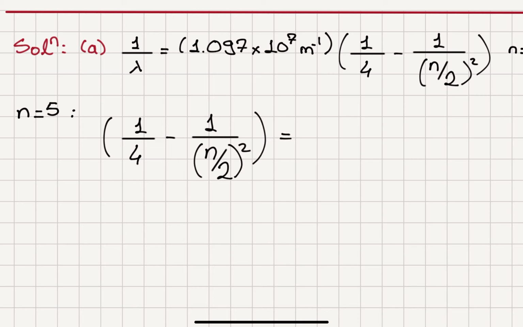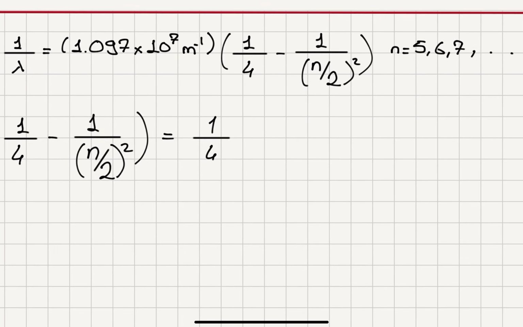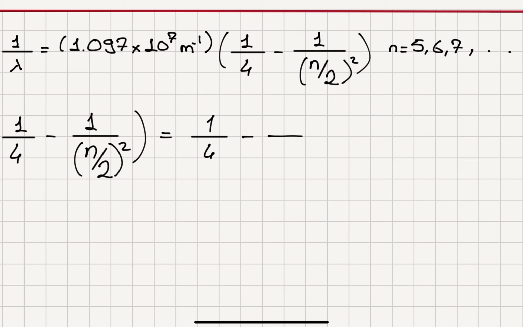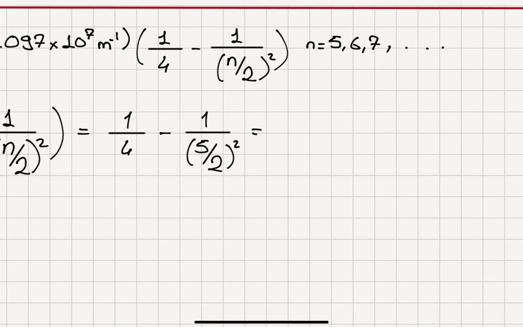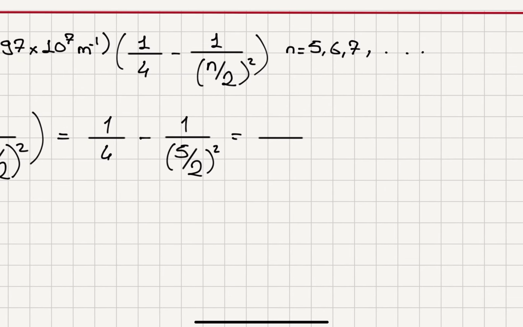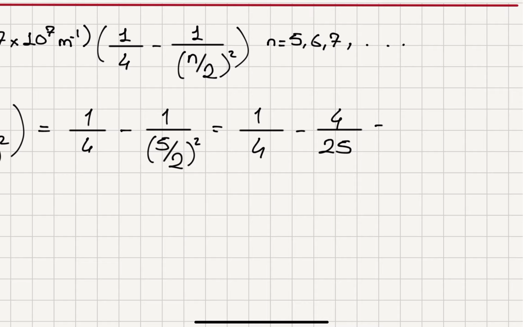This would be equal to 1 over 4 minus 1 over (5 over 2) squared, which is equal to 1 over 4 minus 4 over 25. And this number is 0.09.